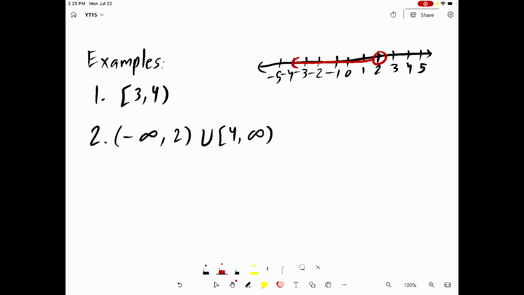Since we have a bracket on the left side from 4 to infinity, it's going to be a closed point, and we're going to draw the line this way because we're going greater than 4. This is the graph for our second example, which is "or," and if you go back in the video a little bit, the lesson above shows that this is how the general form normally looks, and same for our first example, the "and" example.